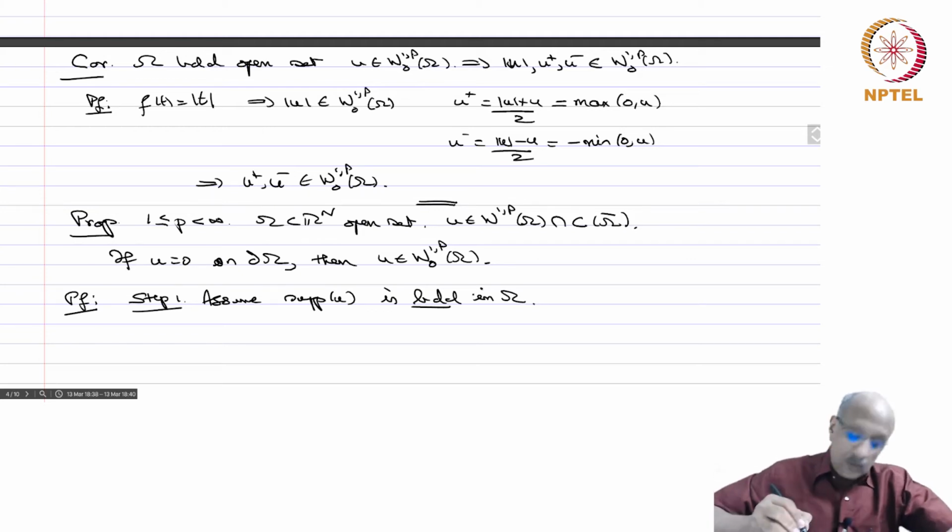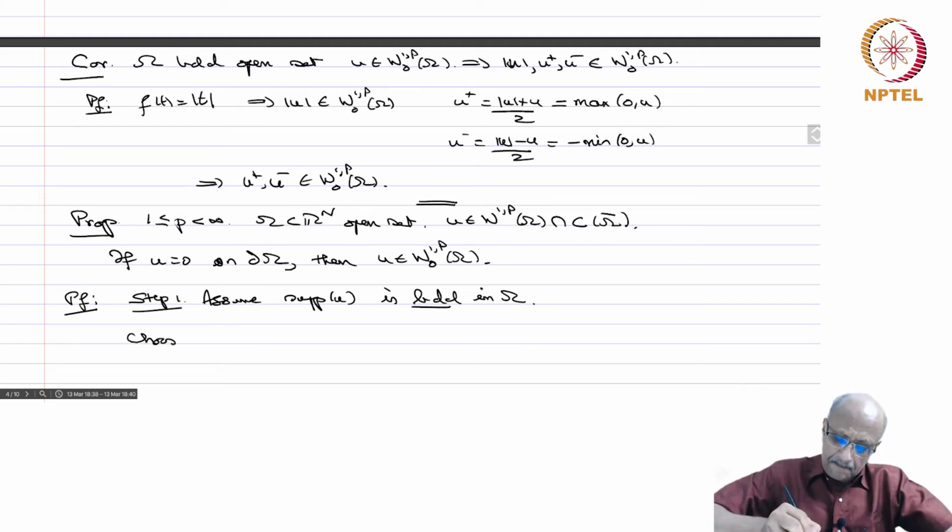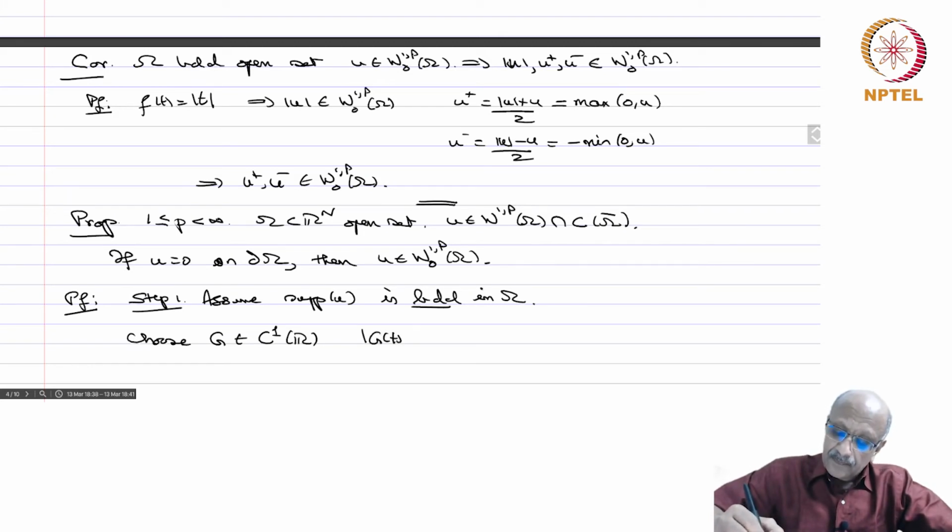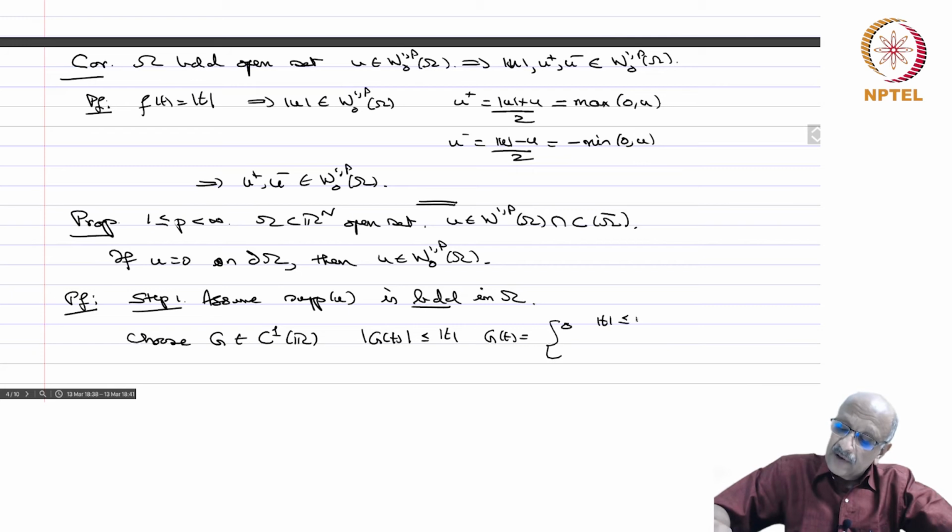Okay. So, now choose G belonging to C^1 of R such that |G(t)| is less than or equal to |t|, and G(t) equals 0 if |t| is less than or equal to 1, and G(t) equals t if |t| is greater than or equal to 2.